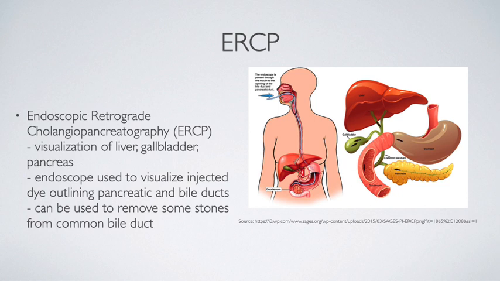It travels a long way, but it can also be used to visualize the pancreas, liver itself. So liver, pancreas, and gallbladder all there along the common bile duct down the road at some point. Sometimes they can remove the gallstones directly from the common bile duct with this endoscopic retrograde cholangiopancreatography.